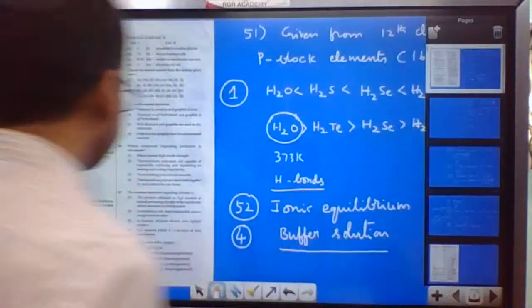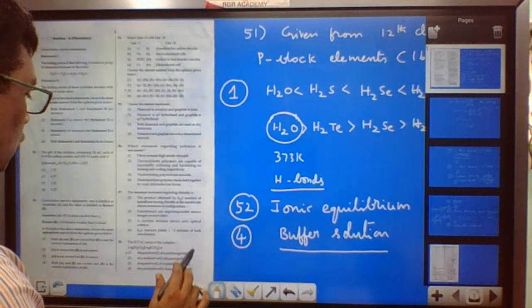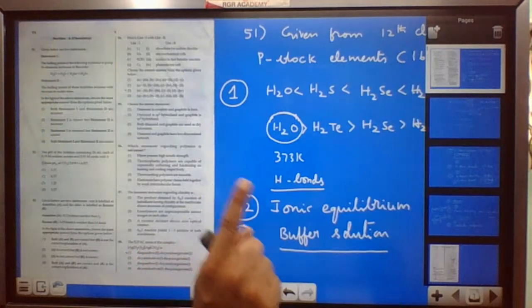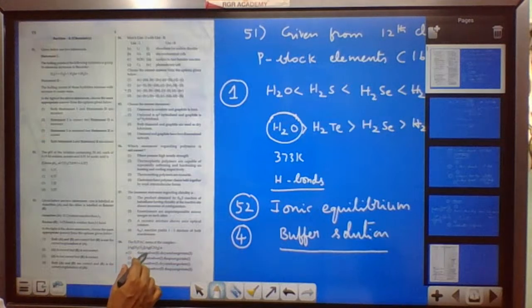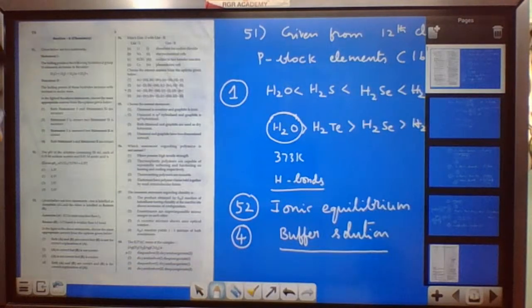We'll check it. Diaquasilver(II) is wrong. Already told, the oxidation state of silver should be 1. Diaquasilver(II), dicyanoargentate(II) is wrong, because a silver oxidation state of 2 is not possible.